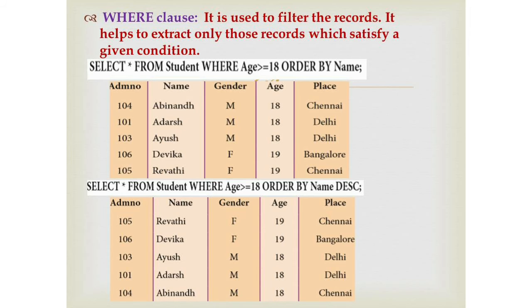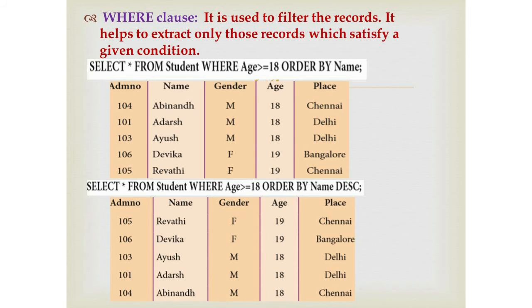By using this WHERE clause, you can filter the records based on the condition. Here you are going to display the students list whose age is greater than or equal to 18, and arrange the table in ascending order by name. For that, select star from student where age is greater than or equal to 18.